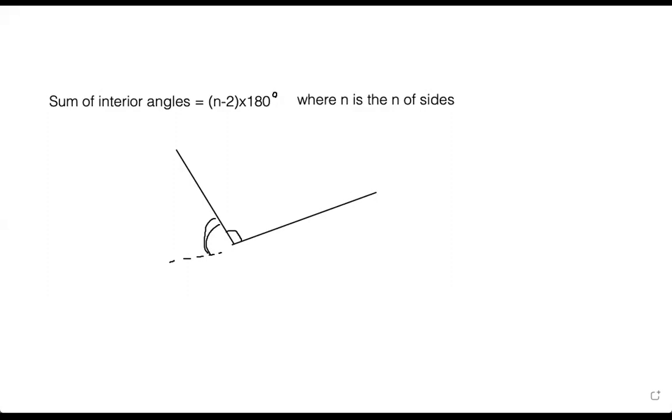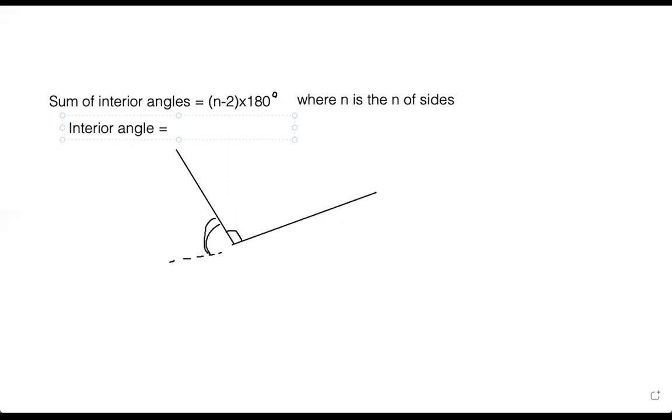Teacher, I wanted to give the formula for finding an interior angle of a polygon. Yes, so what's the formula? You get the interior angle sum divided by the number of sides of the polygon.